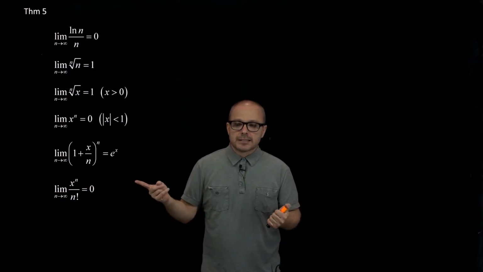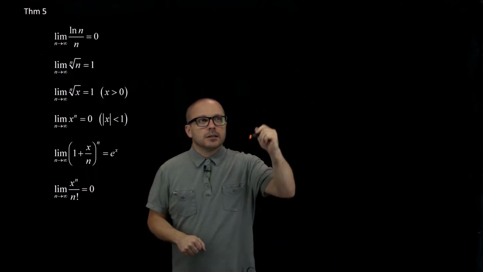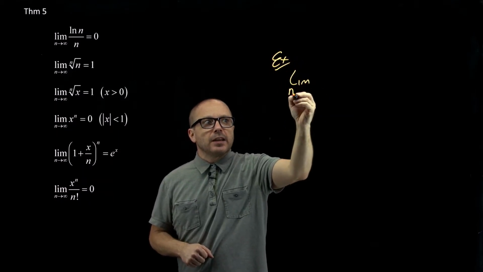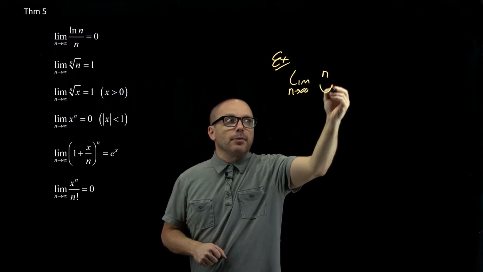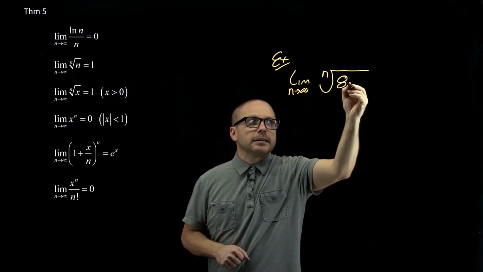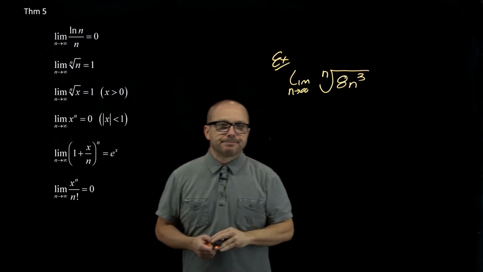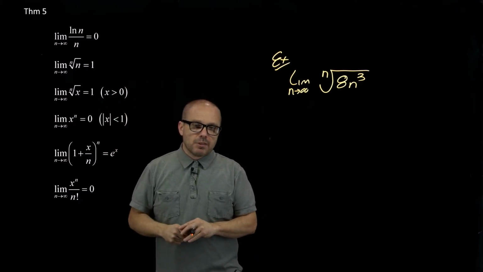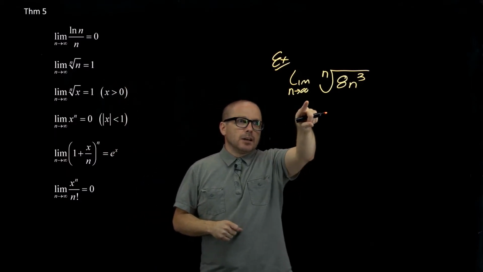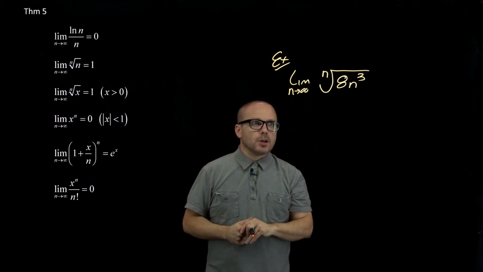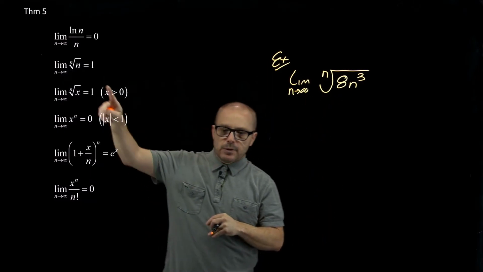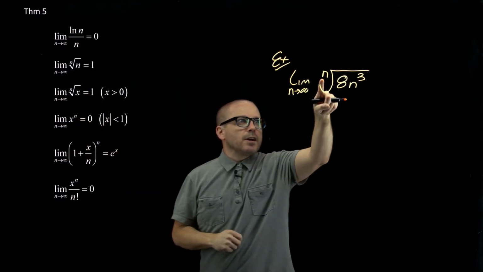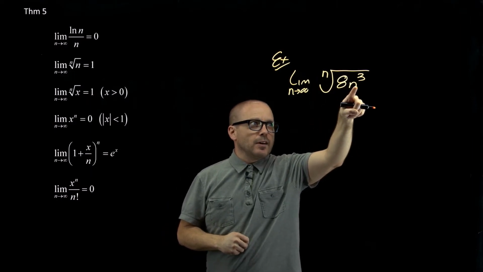So let's look at an example of using these properties. Say we were looking at the limit as n goes to infinity of the nth root of 8n cubed. Now that is not any one of those things in that list, but it could be written as a combination of those. We've got an nth root of a constant and we've got an nth root of n.